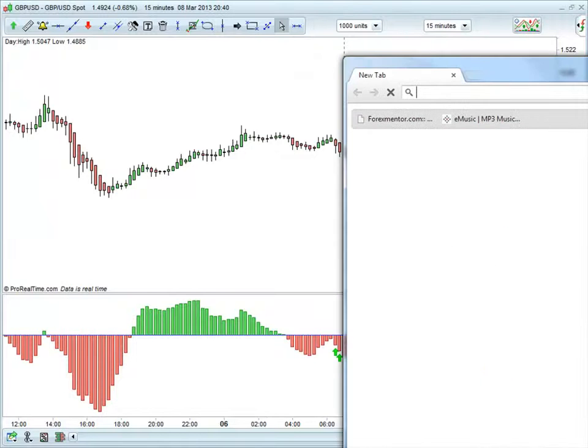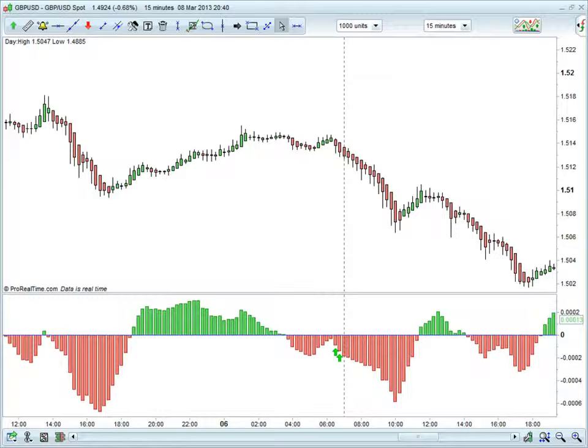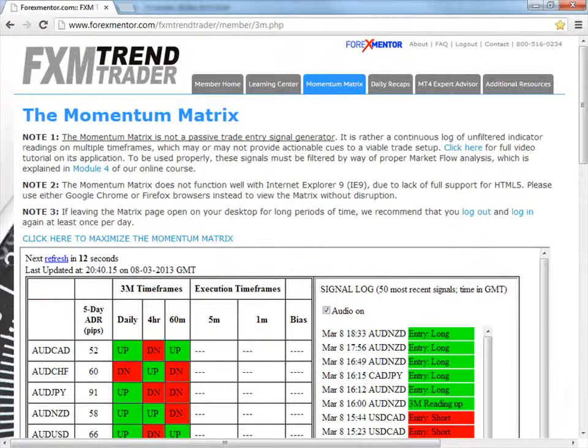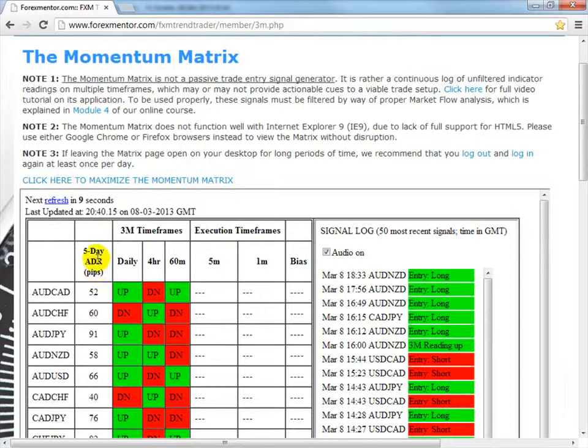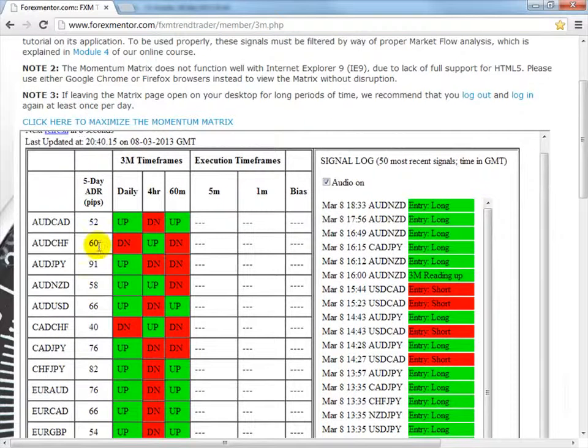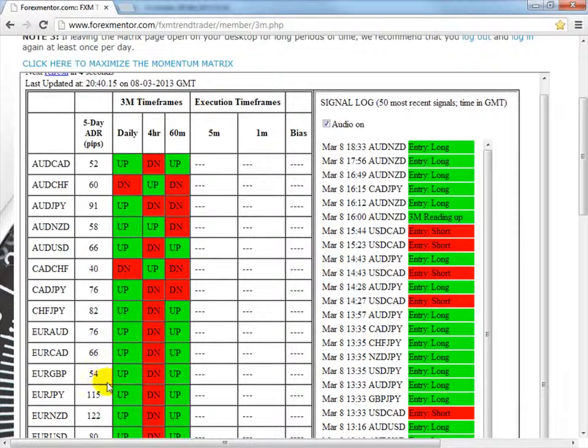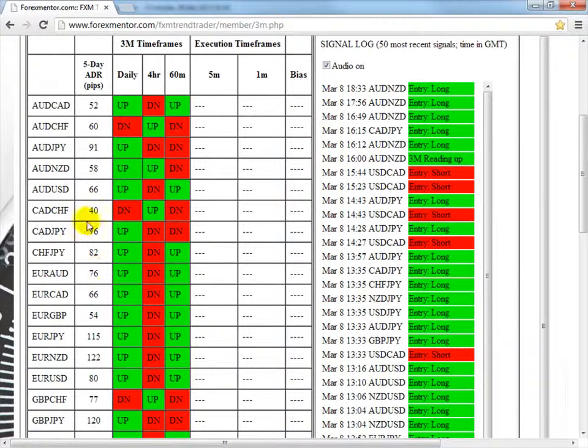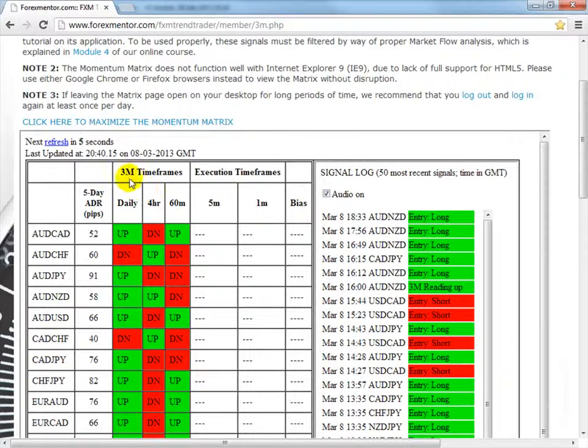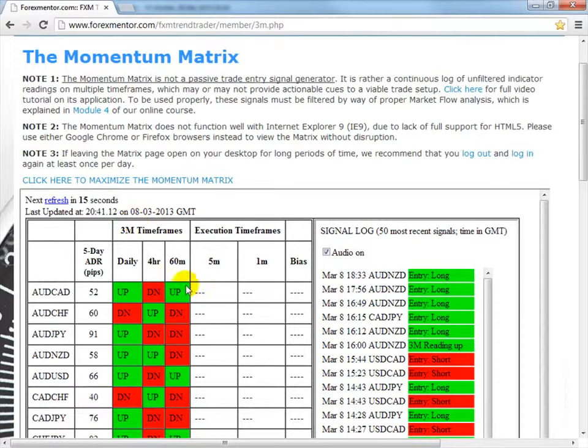Now, I suggested a moment ago I would bring up the momentum matrix, and I'll do that if you can just bear with me for half a second, just to show you what it looks like. And here it is. As it stands today, we've got the 5-day ADR to show you the daily range, which is an appropriate guide to tradable potential, because you don't want to spend too much time on a pair like CAD Swiss, which has got a 5-day ADR of 40 pips. That's just untradeable. But a pair that's showing 80, 90, 100 pips average daily range, that's good. So as it stands right now, our so-called 3M timeframes, M for momentum, comprise a grid of the daily, 4-hour, 60-minute charts.